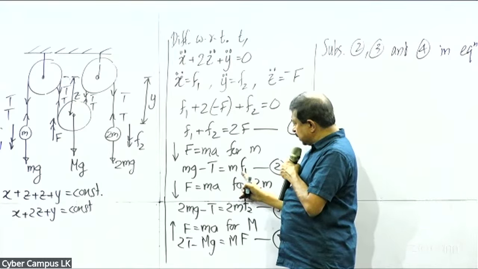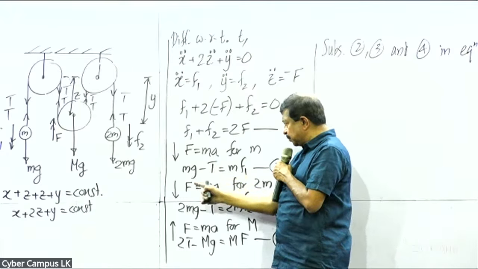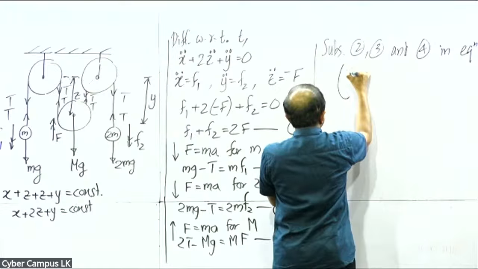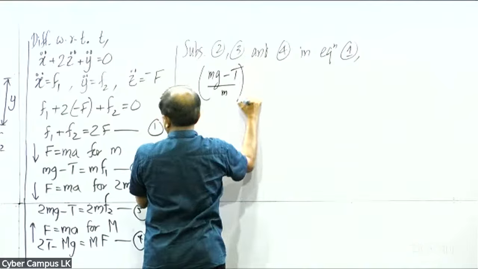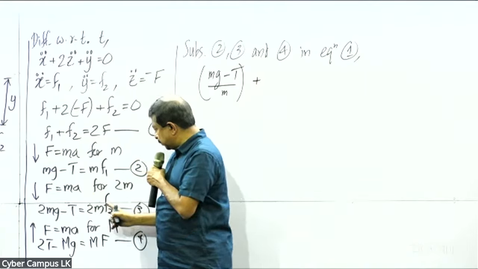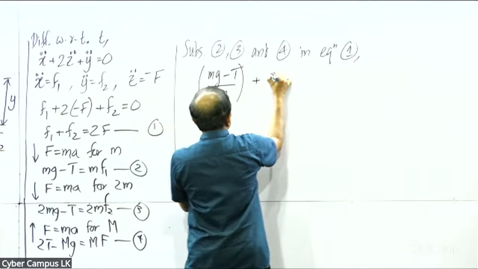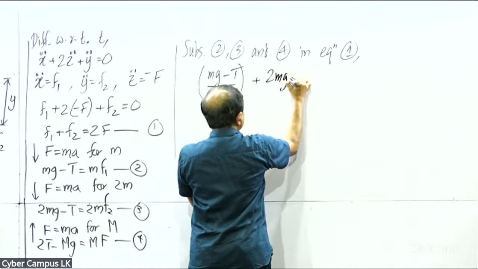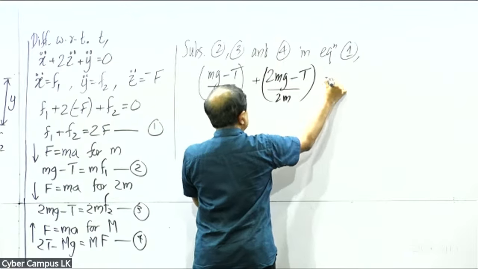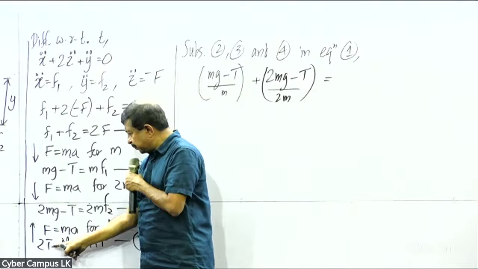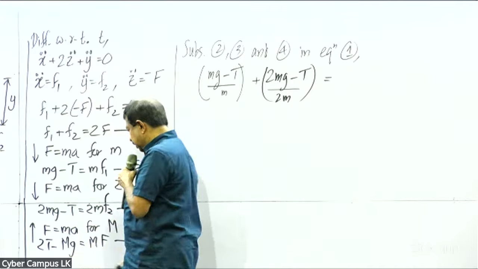Now, f1 is simple mg minus T over simple m. Then f2 is 2mg minus T over 2m, is equal to 2T minus Mg divided by capital M.